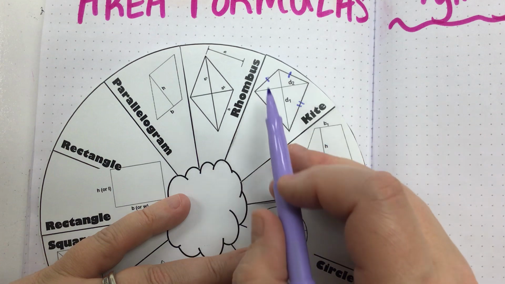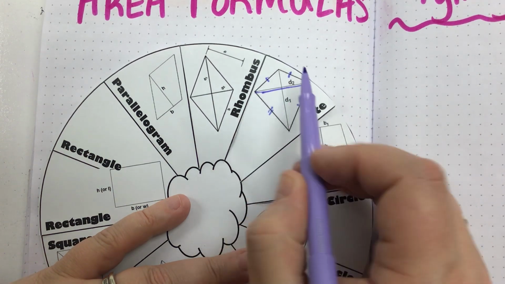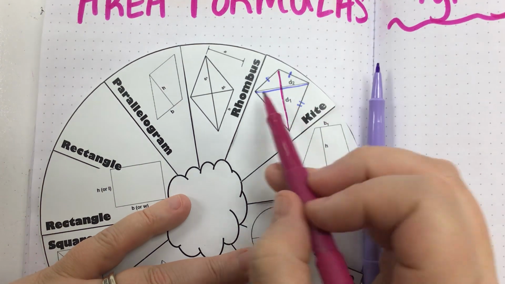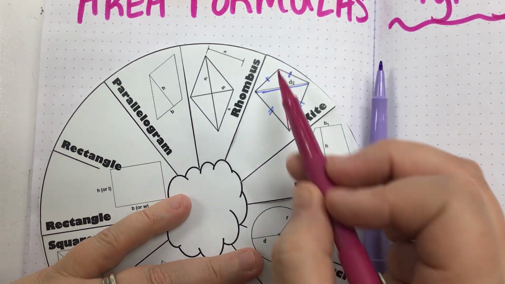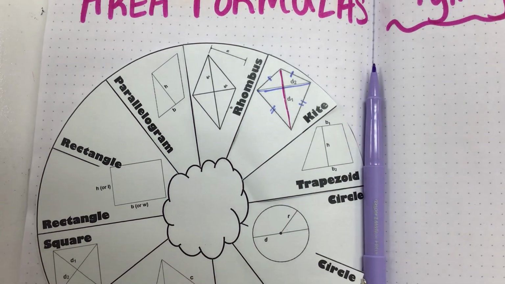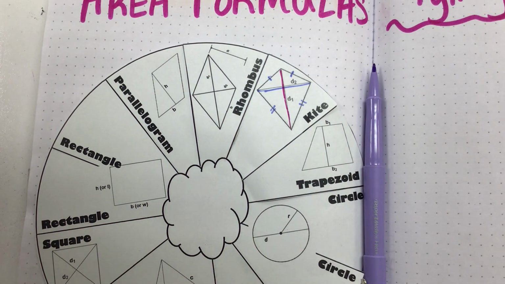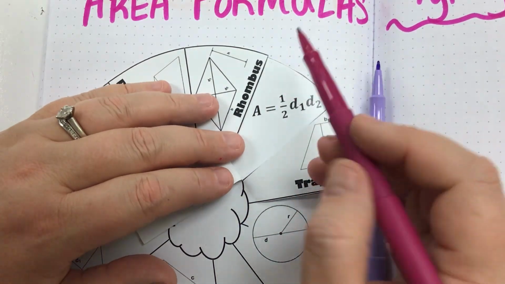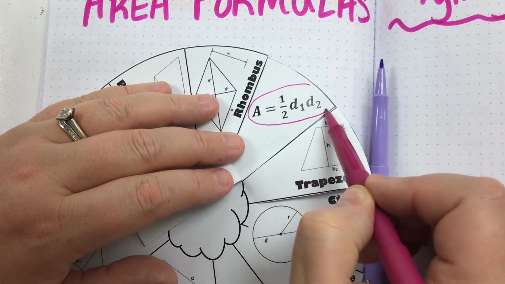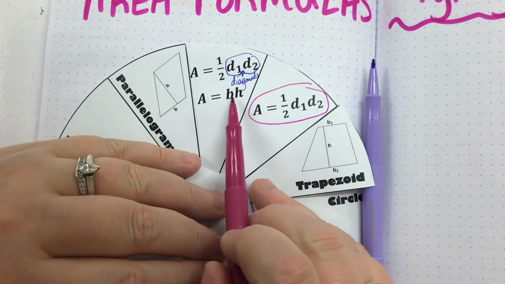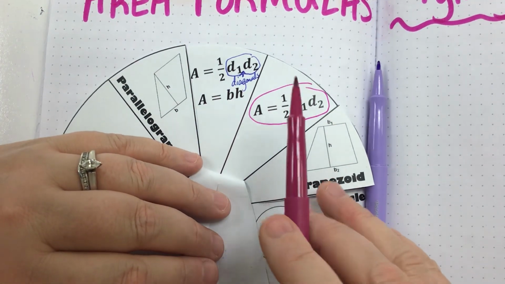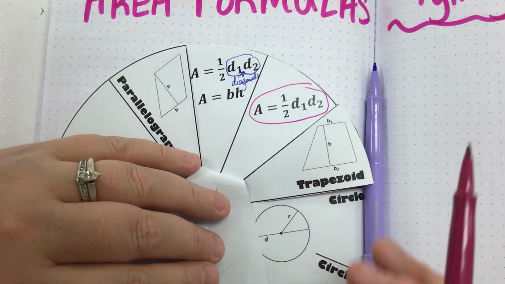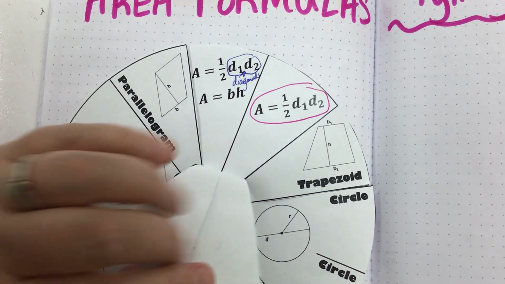And notice on this picture, I have the first diagonal labeled as D2, the second one here is D1. You could make one of them D1, the other one D2. It doesn't matter which one's which. But the formula we have for a kite is actually the same one we have for a rhombus that we did the other day. So again, you're going to multiply the 2 diagonals together and either take half of it or divide it by 2, whichever is your preference.